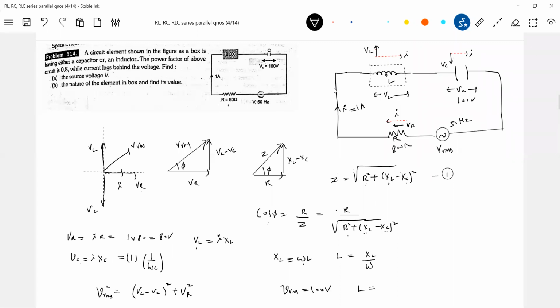The inductance value given is 0.4 by pi or 1.6 by pi. A quadratic equation will come, solve it. You'll get the two values. Be careful here.